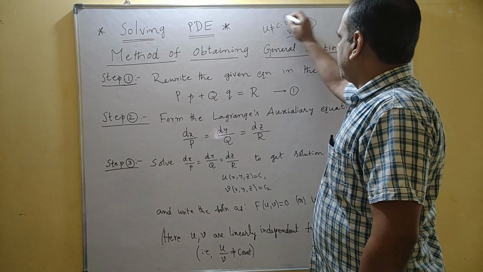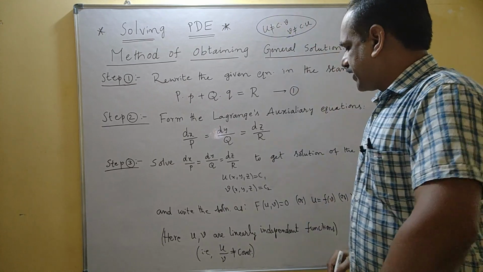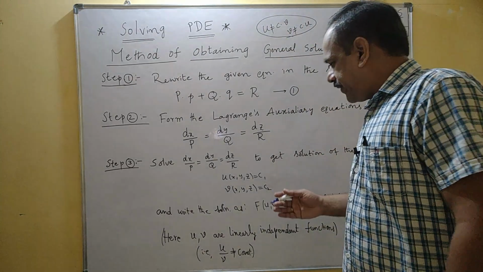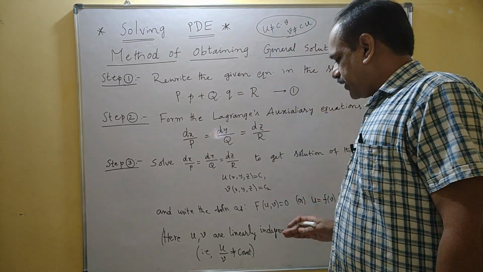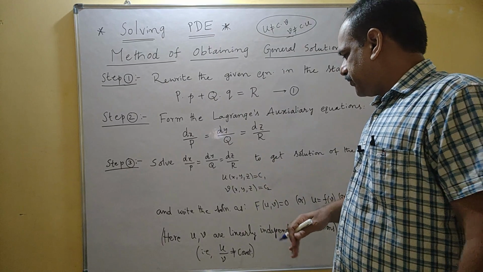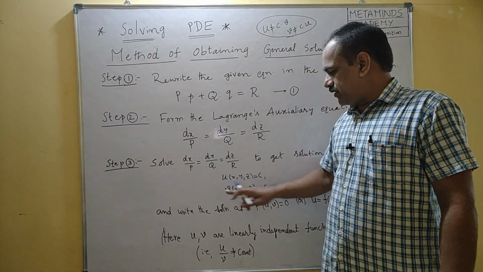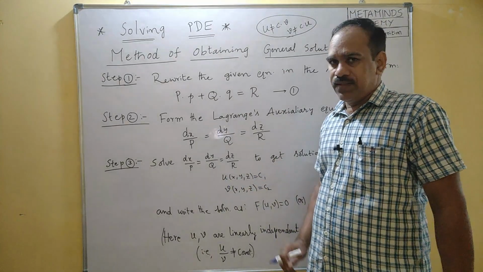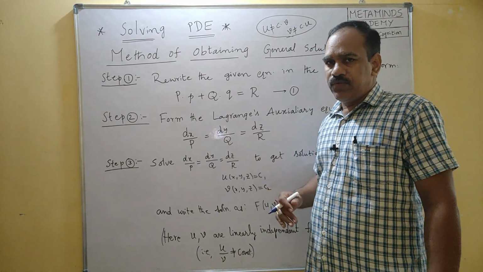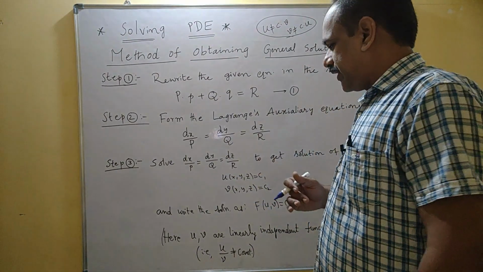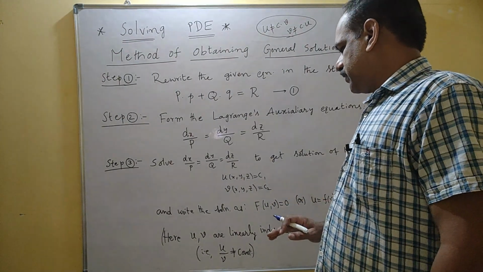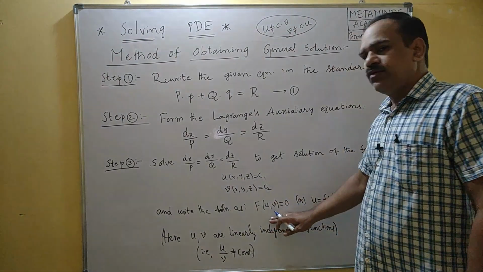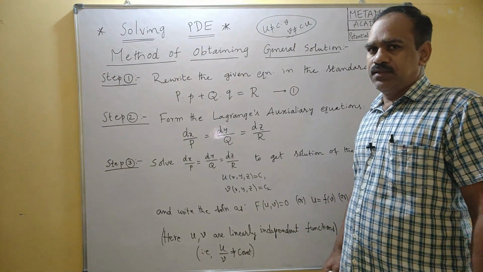In that case, they become linearly dependent, and we have to search for one more linearly independent solution. So we need two linearly independent solutions to find the general solution of the equation.